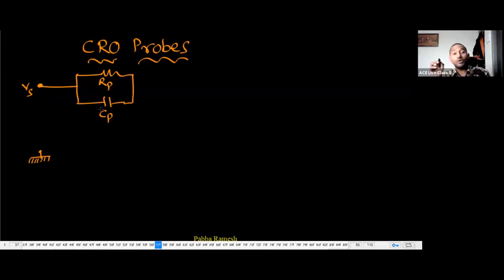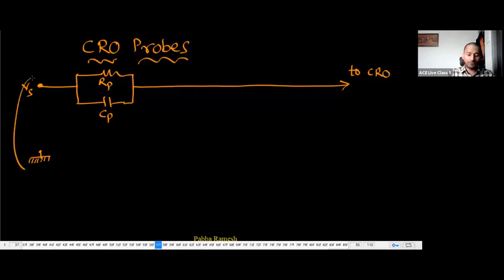So the CRO probe has the equivalent circuit of R and C in parallel. After that, this CRO probe is connected to the CRO, from the function generator to the CRO.